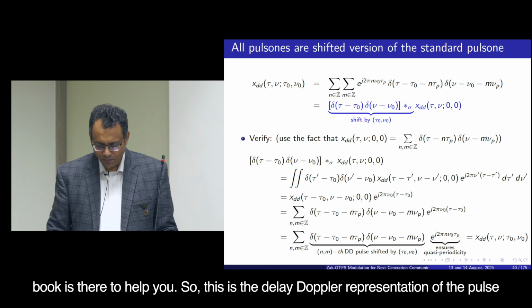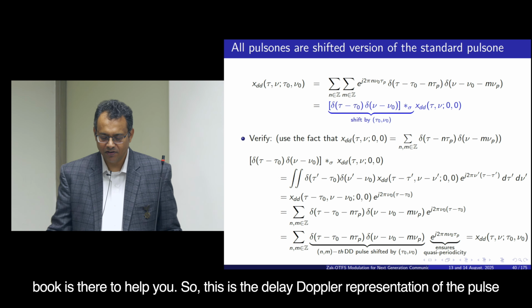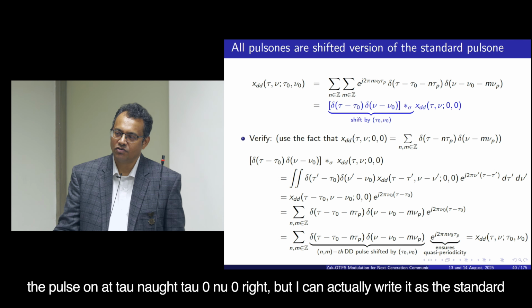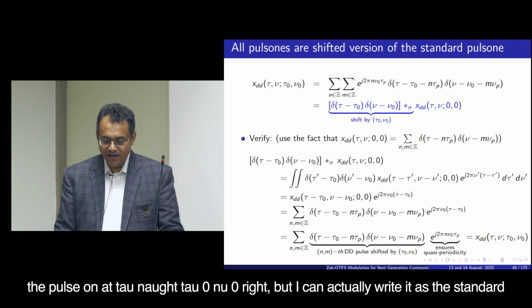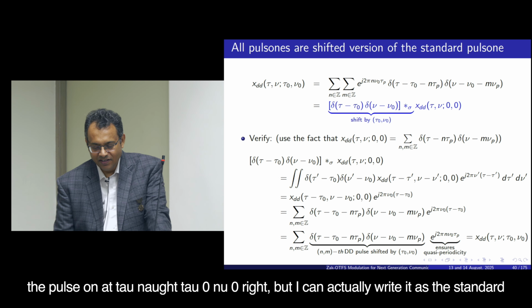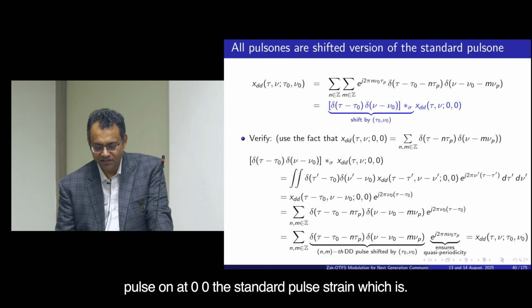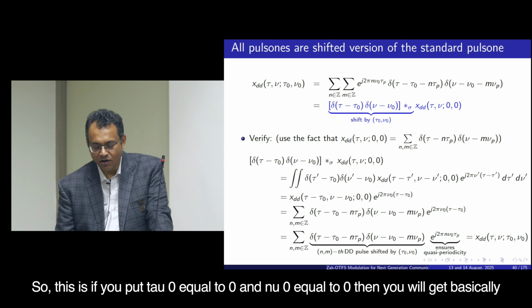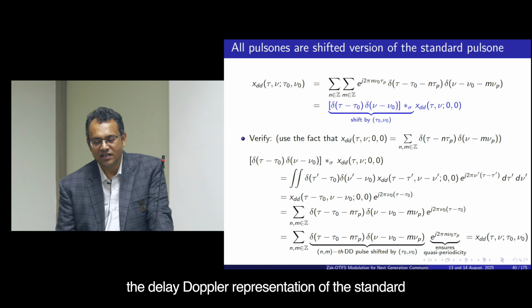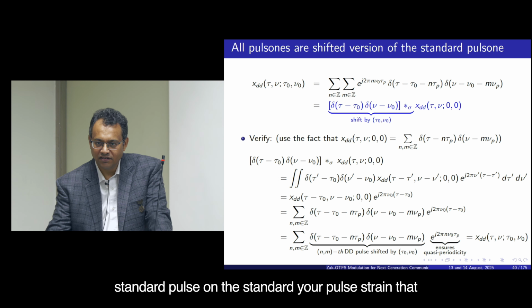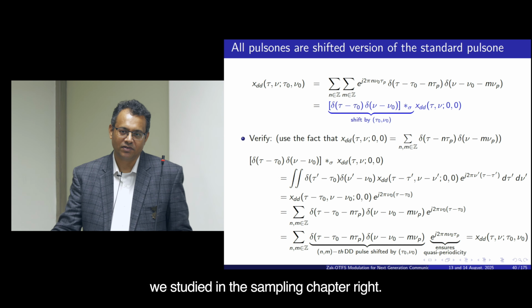So this is the delay Doppler representation of the pulson at tau 0, nu 0, right? But I can actually write it in terms of the standard pulson at 0, 0. If you put tau 0 equal to 0 and nu 0 equal to 0, you get the delay Doppler representation of the standard pulse train that we studied in the sampling chapter.